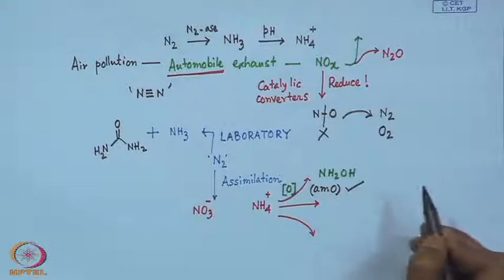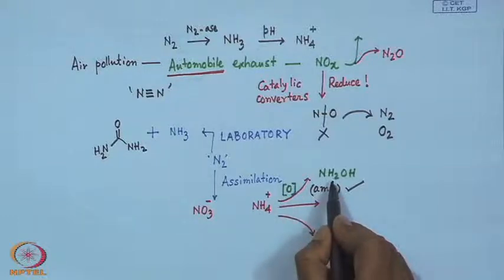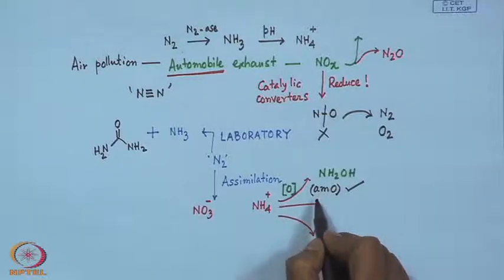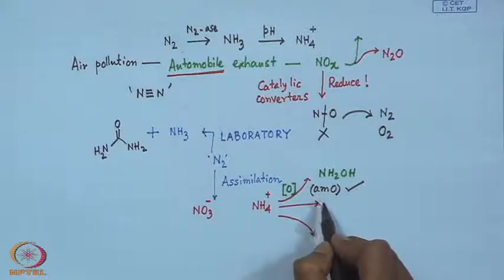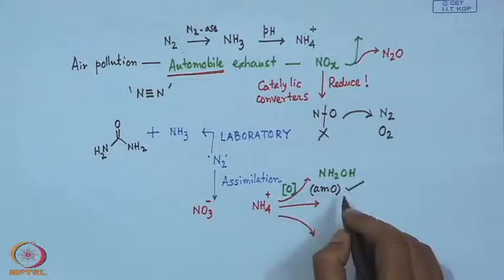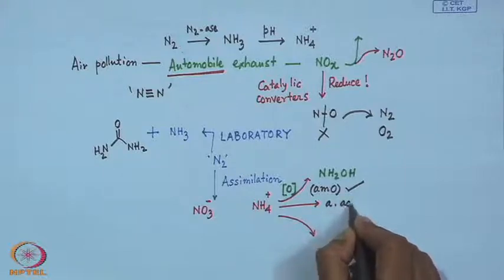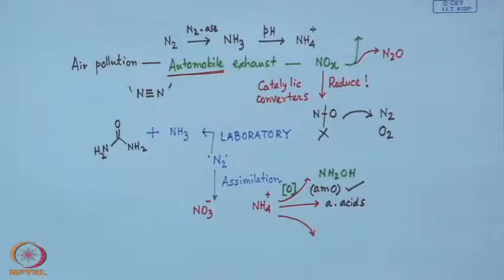So, we can get some important information once we track this particular pathway for the formation of hydroxylamine from the ammonium ion, through the corresponding ammonium monooxygenase reaction on the ammonium ion. Similarly, this can also be useful for the formation of different amino acids. These amino acids are very useful for our system, and there are also some purine based nucleic acids.